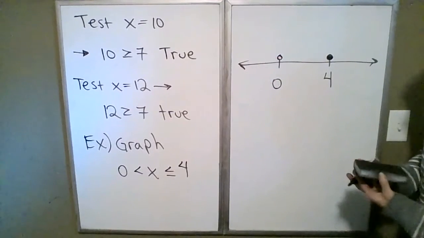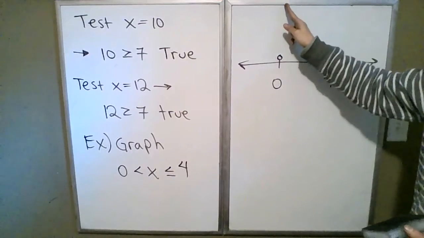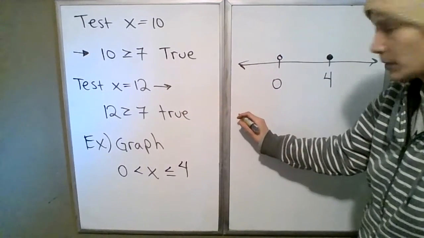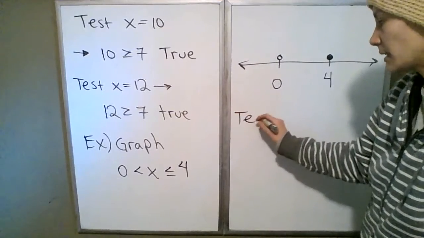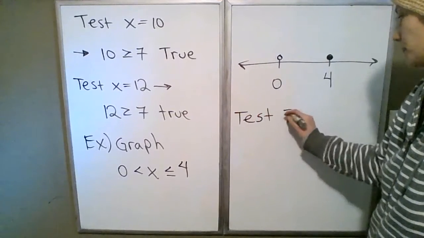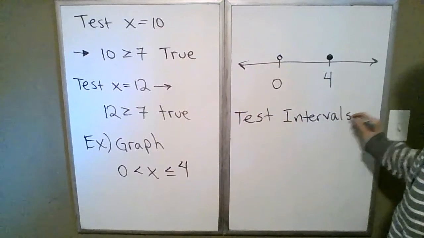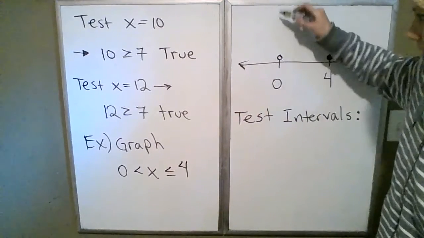All right, so the intervals are from negative infinity to 0. This is a little extra explanation, but still, it's nice to be clear. Okay, this one.